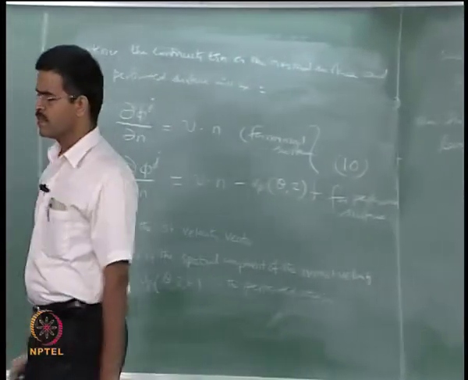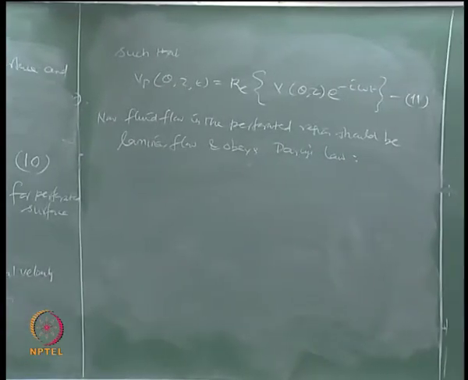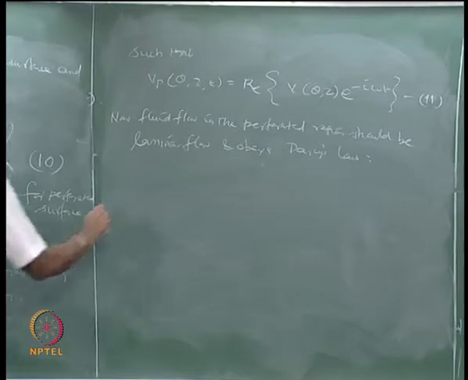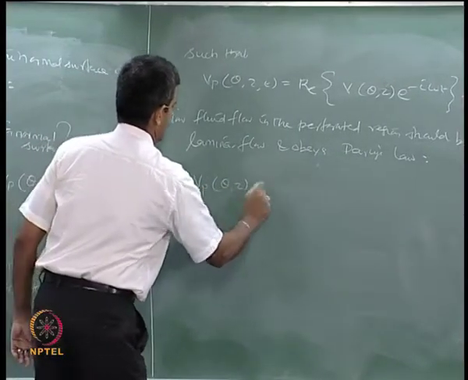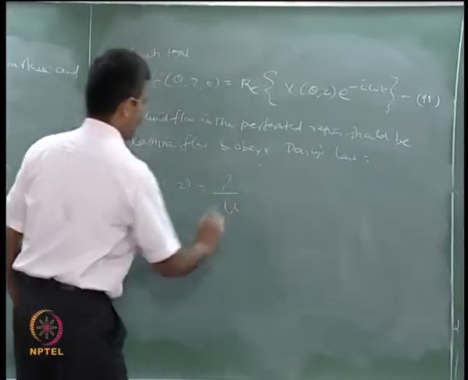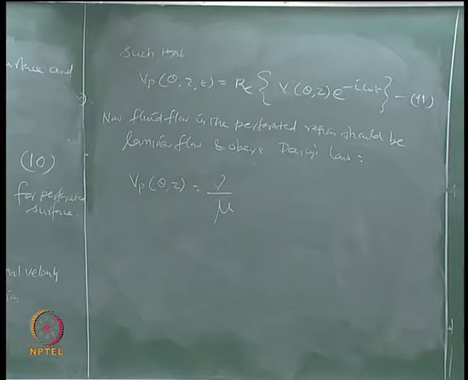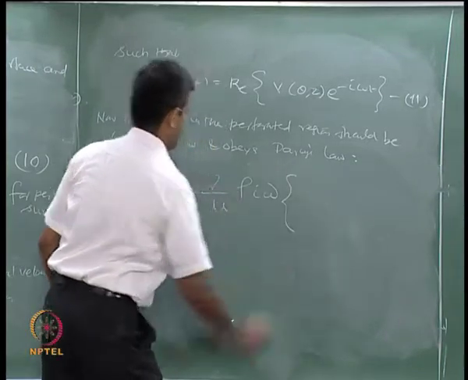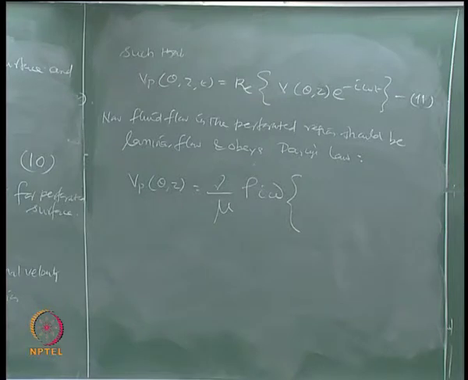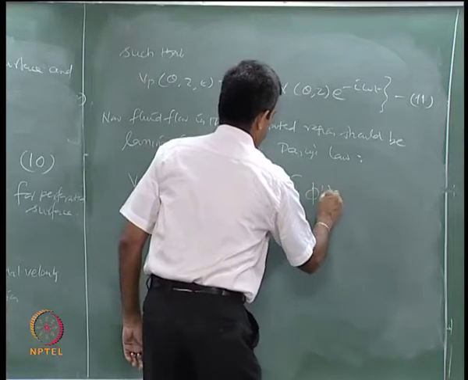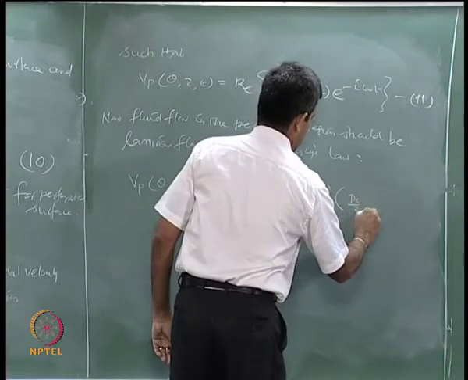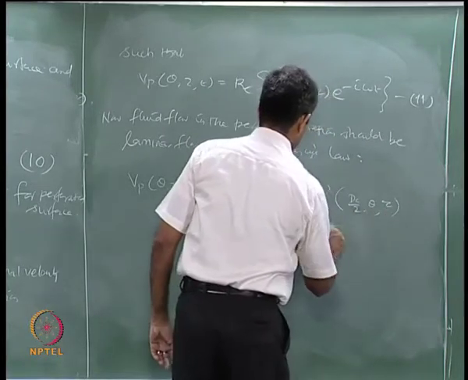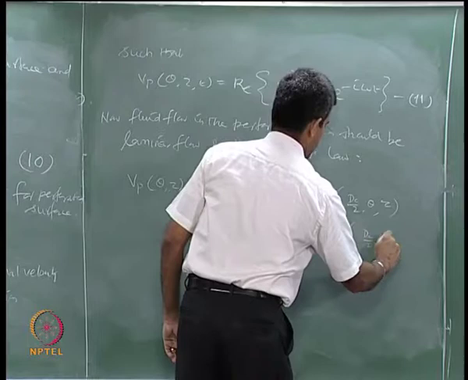In that case, Vp of theta z is given by nu by mu, rho i omega, phi 1 of d c by 2 theta z minus phi 2 of d c by 2 theta z.